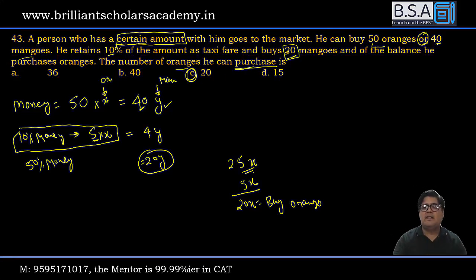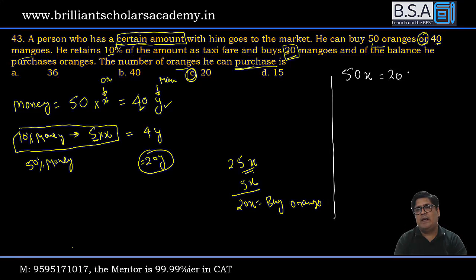Is there any other way to solve this question? Look, by modifying we can keep on creating newer approaches. At this stage, my concern is how much money does he have. If I say 50 into price of one orange is equal to 20 into price of one mango, 40 into price of one mango.